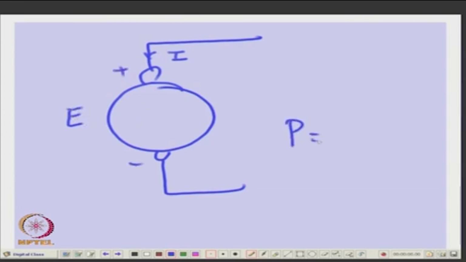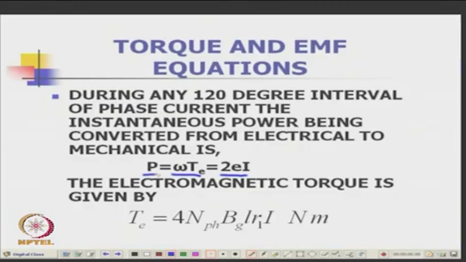So, power you always call it as E into I, that is available for conversion, is not it. That is E is the induced voltage and I is the injected current, that is for the motor. Okay. So, you are feeding current into the plus and minus. So, that is what you are doing here. So, power will be, of course, E is 2E here because E, that is the voltage per coil.